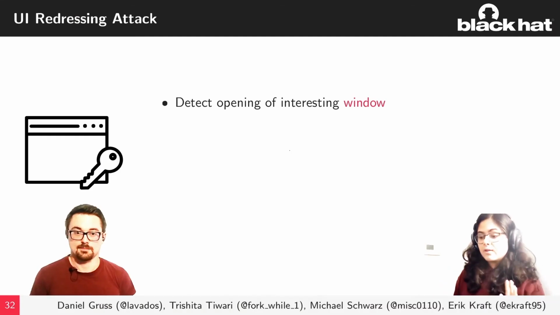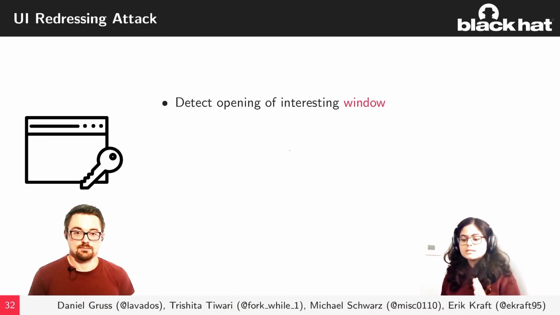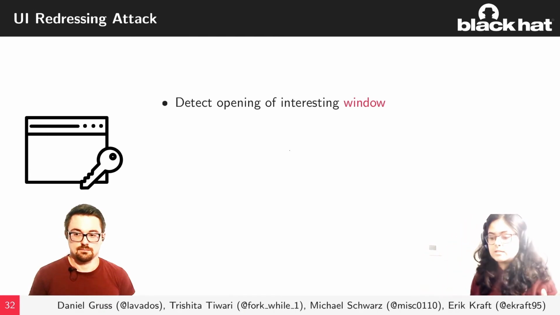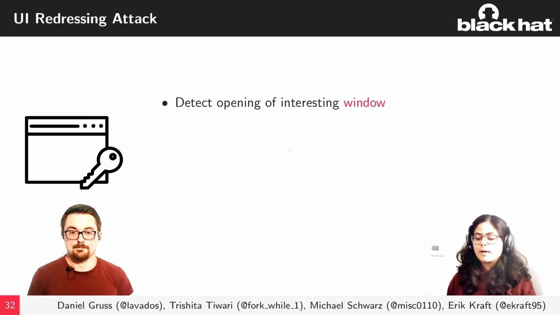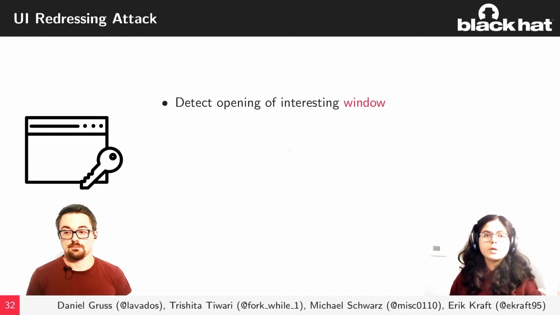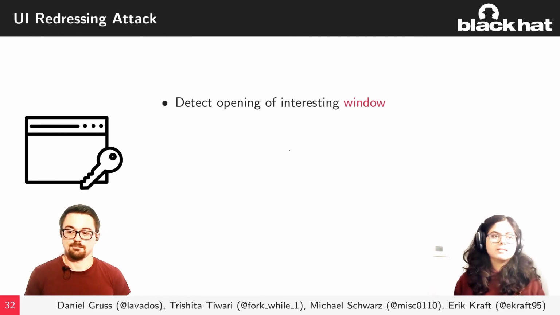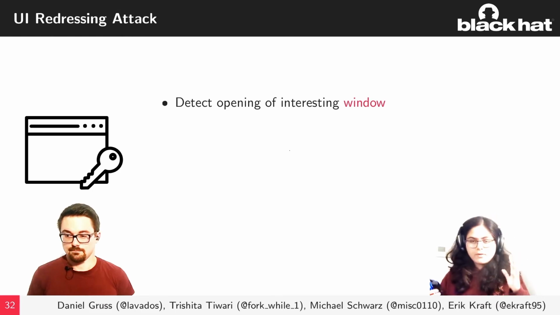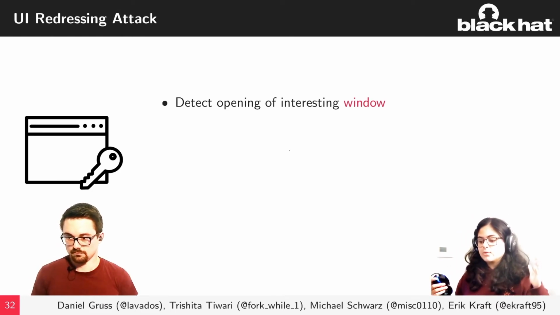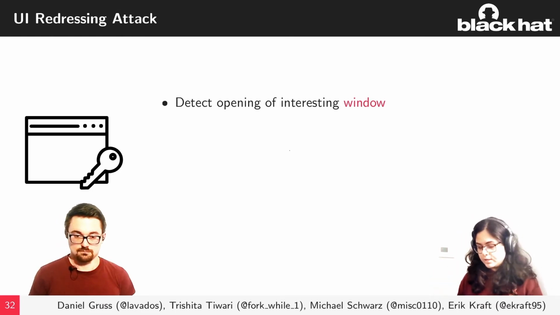All right, so the previous two attacks were really good. Now let's talk about our third attack, which is the UI redressing attack. This attack is all about overlaying fake windows on top of real windows to trick the user into typing in sensitive information. The first thing we need to do is detect the opening of an interesting window.